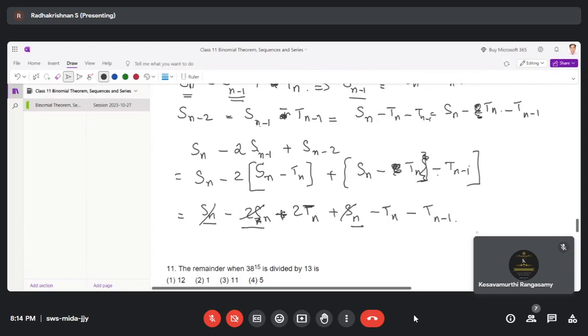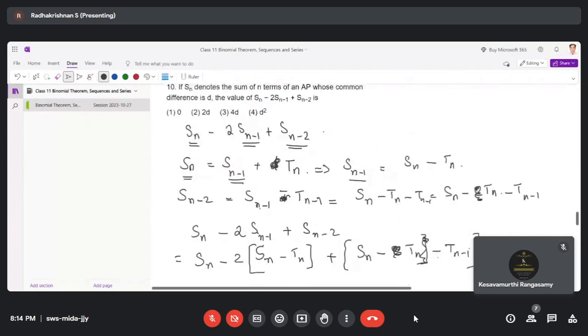So what do you get? 2Tn minus Tn, that is one Tn, then minus Tn minus 1. So the given expression reduces to Tn minus Tn minus 1. So the difference between two successive terms. What is the difference between two successive terms? D. Yeah, it is equal to D. Okay. So the correct answer is D.